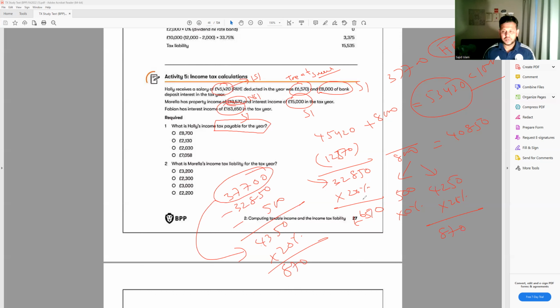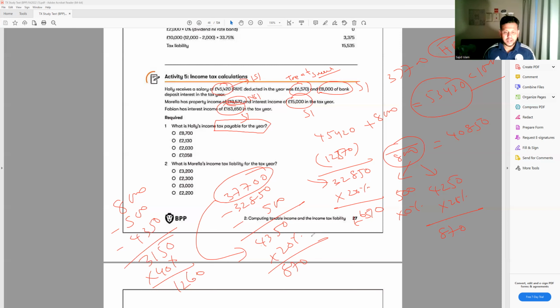How much do I still have left? My total savings income was 8,000. From 8,000, I used 500 for the zero rated, and another 4,350 from the remaining basic band. So I have 3,150 remaining, and this falls in the higher rate because I'm now crossing 37,700. Here I pay 40% tax, which gives me 1,260.